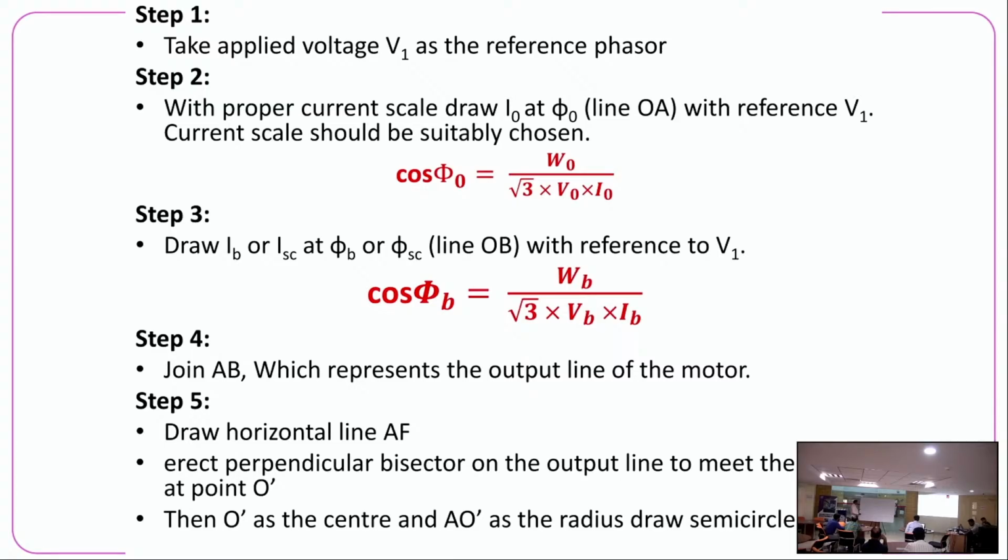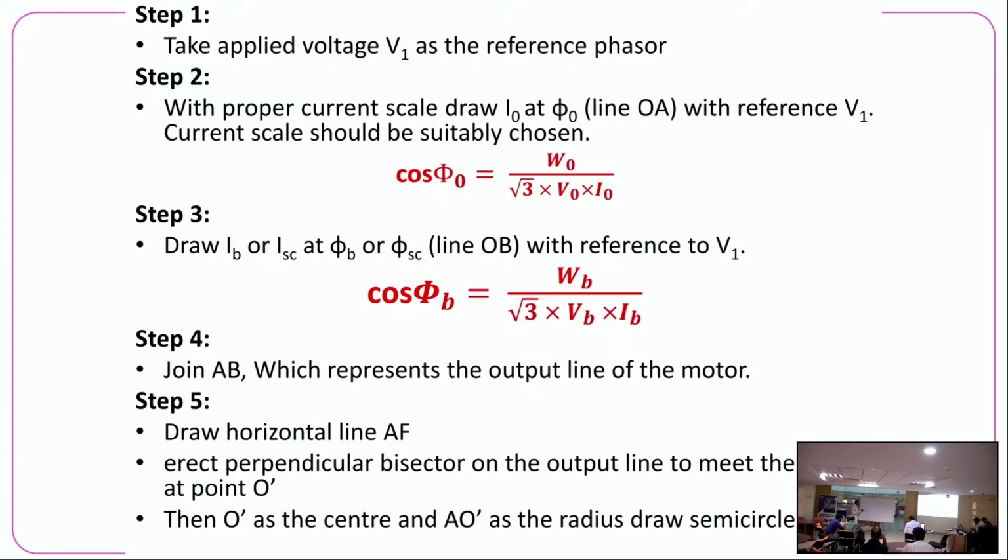Then we draw the short circuit one. This current, ISCL, is the short circuit current at rated voltage, and the corresponding angle is phi s.